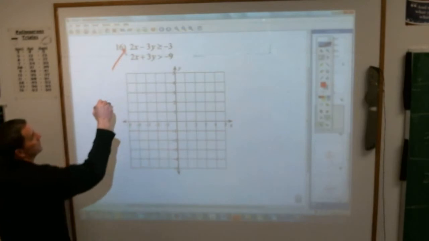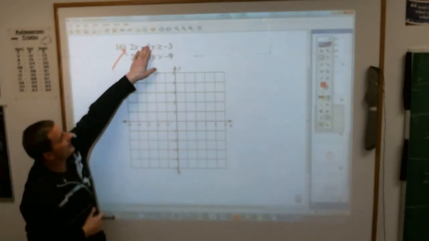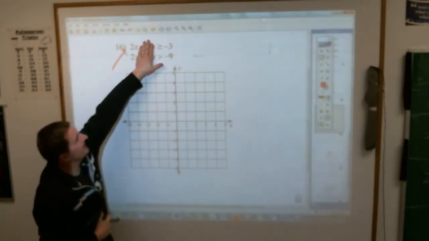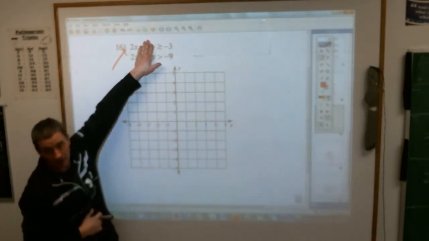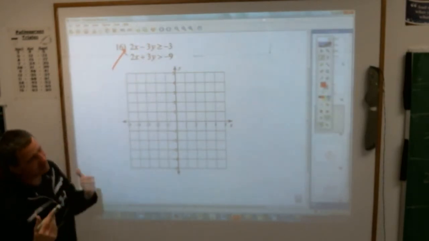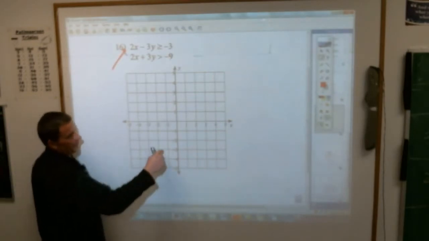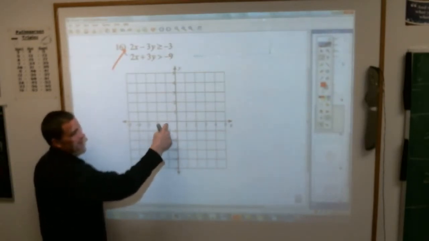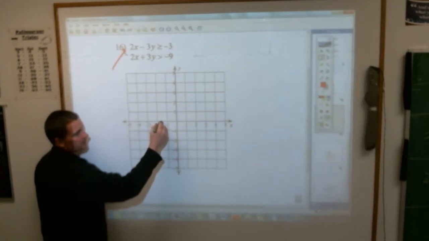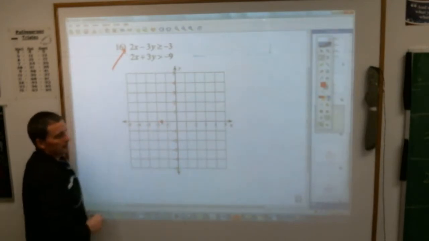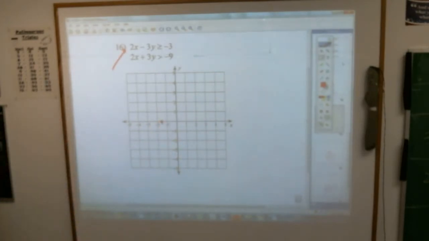Let's do the first one there. I cover up the y. x equals negative 3/2. Graphing is not your super exact sort of thing, but the best we can do where x is negative 3/2 would be halfway between negative 1 and negative 2. Negative 3/2 is negative 1 1/2, so I'm just going to put that point there. It doesn't have to be spot on, but it's going to be close.